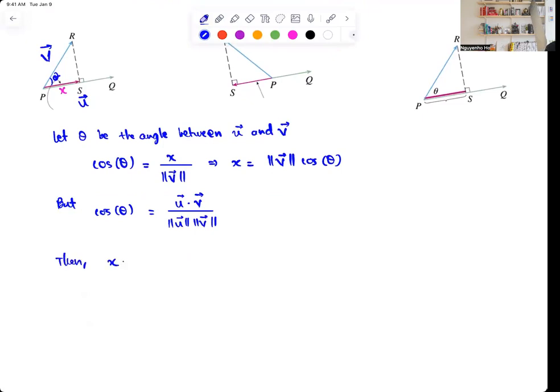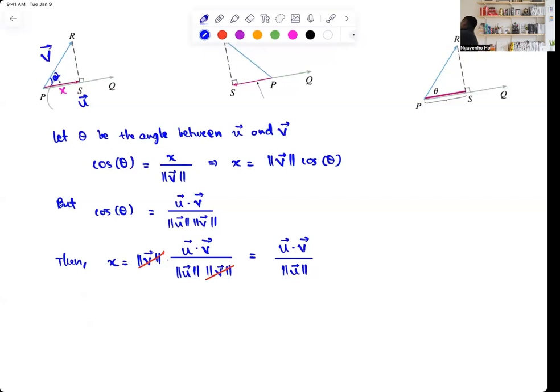Then x equals the magnitude of v times u dot v divided by the magnitude of u times the magnitude of v. You can cancel out the magnitude of v, and you're left with just u dot v divided by the magnitude of u.